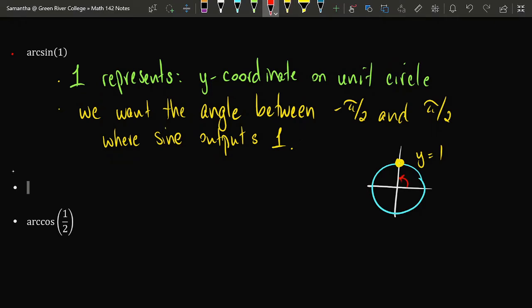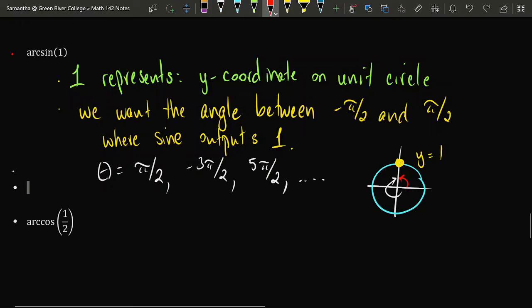Well, there are several different angles that will position us at the North Pole on this unit circle. For example, an angle of pi/2 radians. But there are other angles which position us at this same location. -3 pi/2, for example, or 5 pi/2, etc.